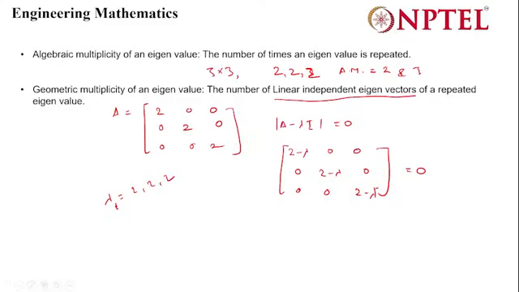Okay, then we solved this matrix and the eigenvalues for this matrix are 2, 2, 2. So can you tell the algebraic multiplicity? 3, correct. Because Anshul correct.